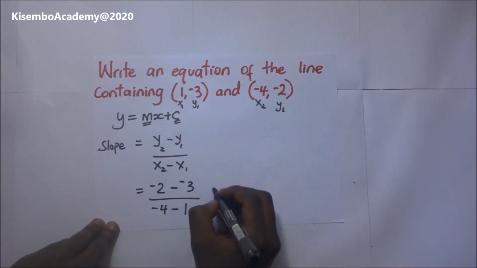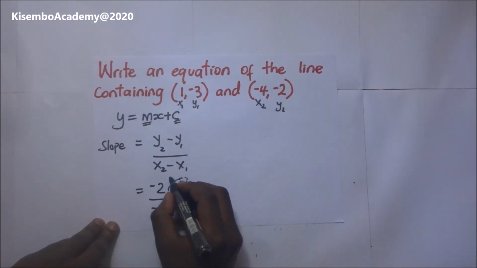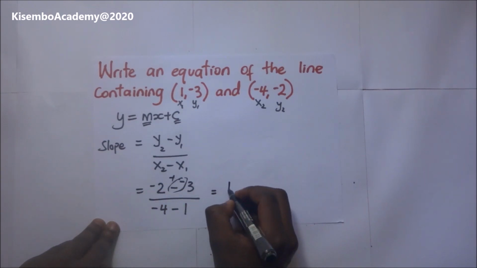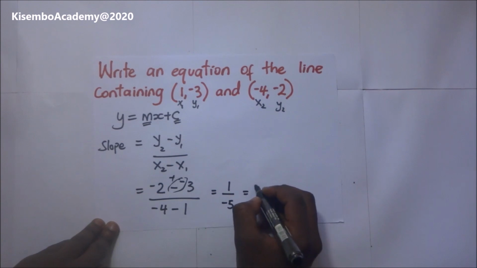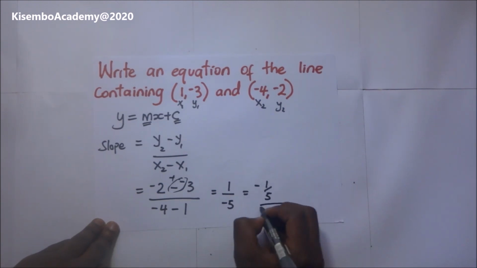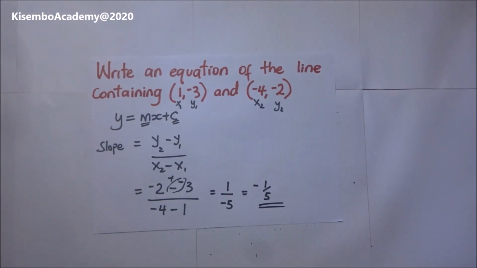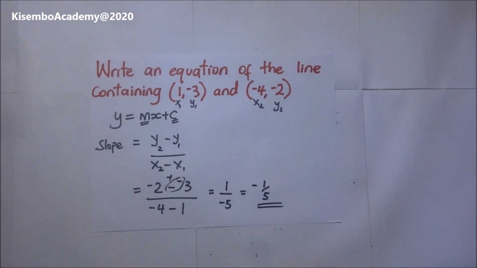This gives us a plus: 2 plus 3 is 5, divided by -4 minus 1, which is -5. So our answer is -1, and that's our slope.